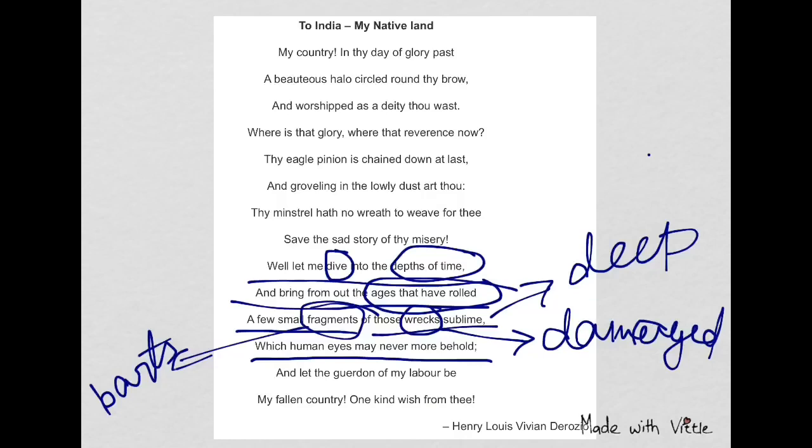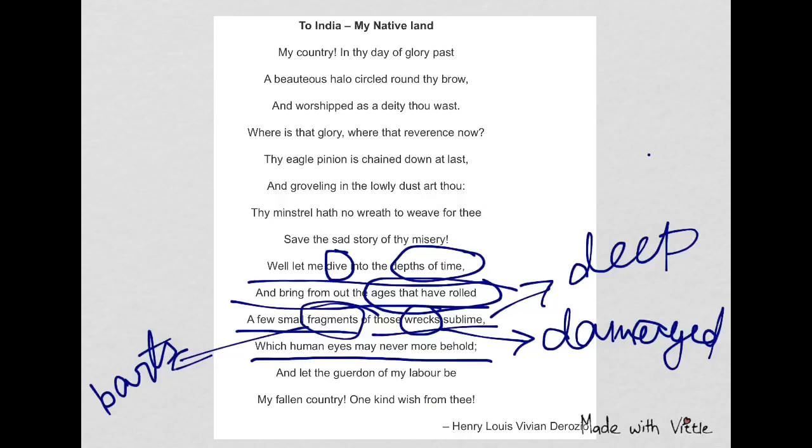That means the rich past of this country that is damaged, destroyed, and torn apart into fragments, and he wants to bring those fragments out by diving into the depths of time, the pool of time, the river of passing time.